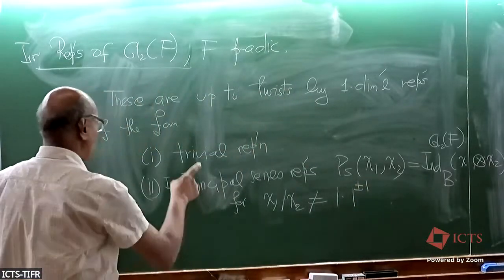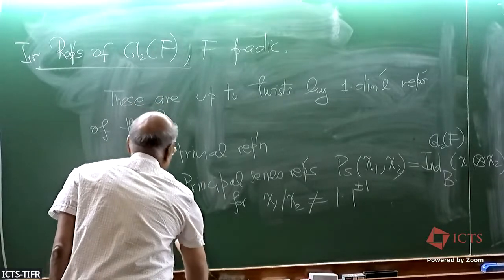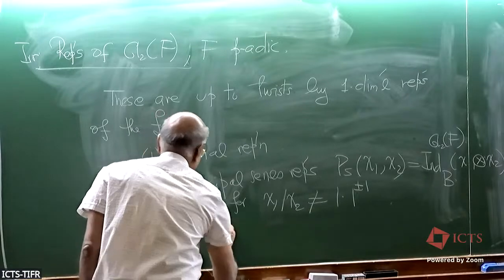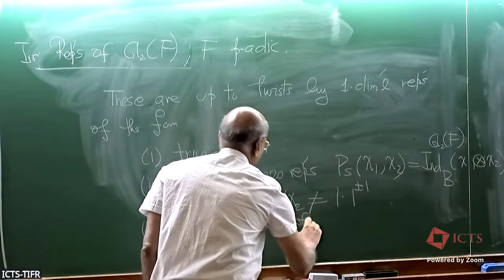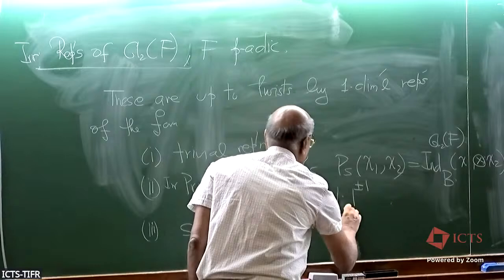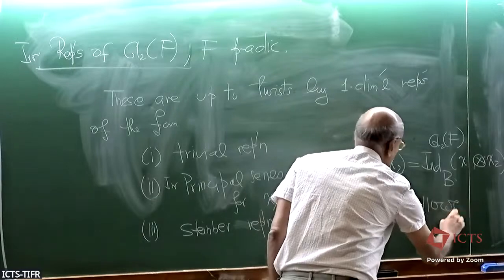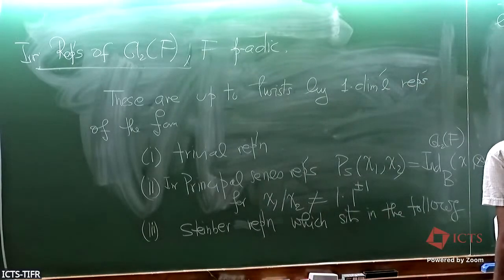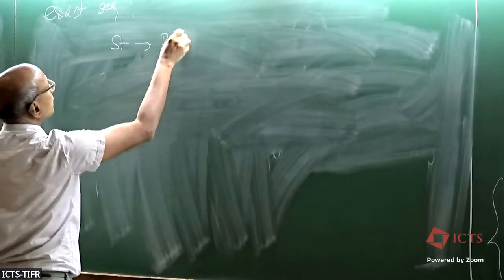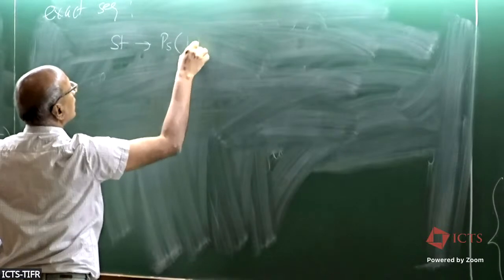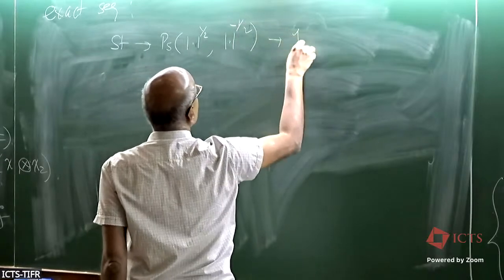And if it is |.| to the plus or minus 1, then there is what is called the Steinberg representation, which sits in the following exact sequence: Steinberg goes to the principal series |x|^(1/2), |x|^(-1/2), goes to the trivial representation, goes to 0.